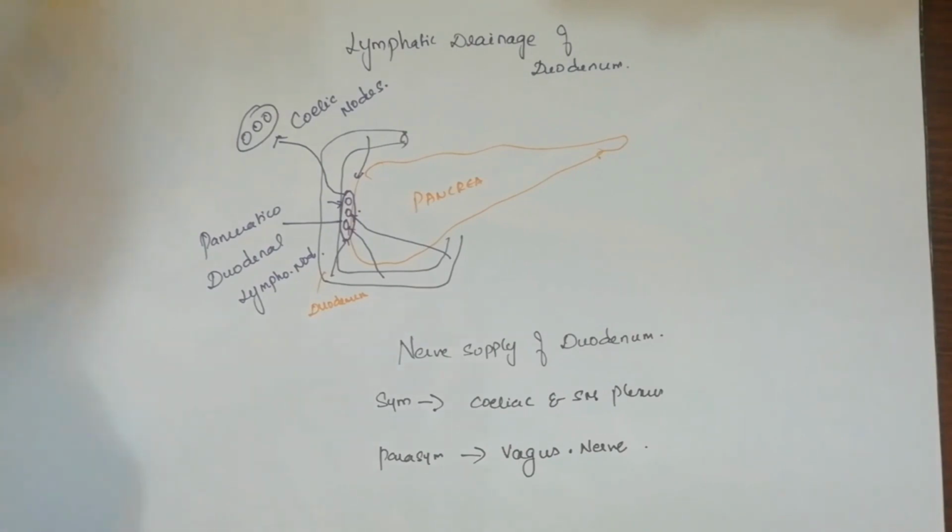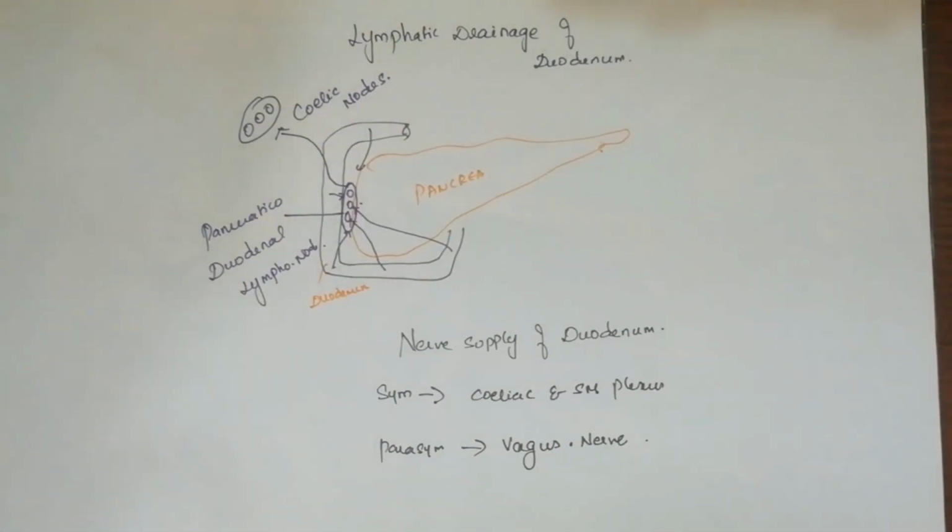And then we have some developmental anomalies such as annular pancreas. In developmental anomaly, as I said, annular pancreas may obstruct the second part of the duodenum. That's why it is important here. So these are about the clinical aspect and also about the parts in detail.